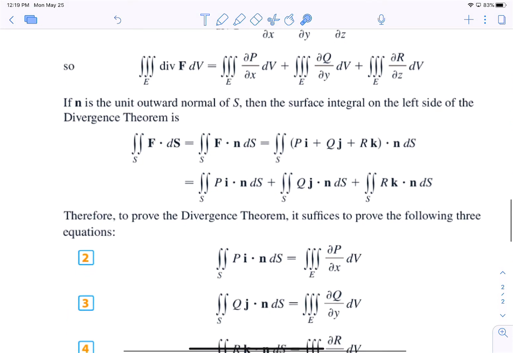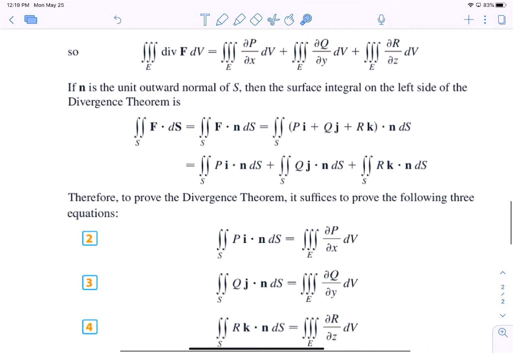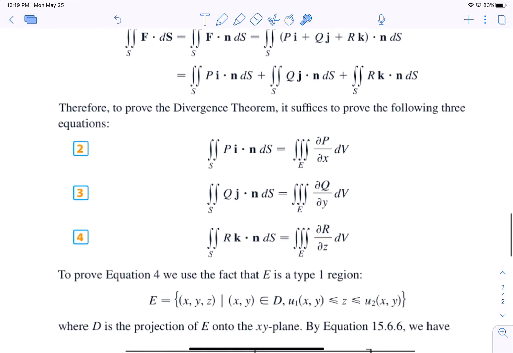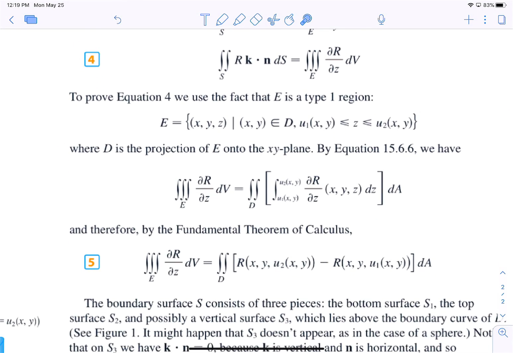And so, again, similar to Green's theorem, what we're after is being able to show, for instance, that the third triple integral from the divergence expression is equal to the third double integral for the flux expression. The approach that our author is using is that E is a type 1, type 2, and type 3 region, which means all the boundaries can be expressed as functions. In particular, z is between two functions.